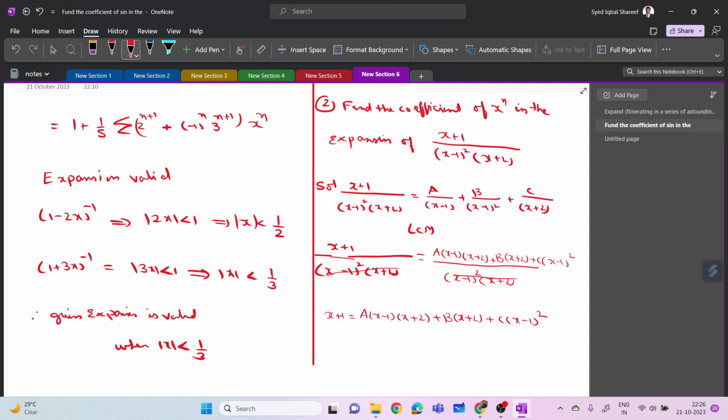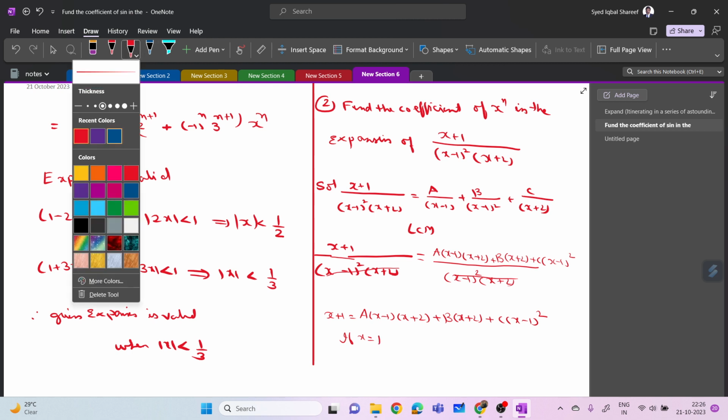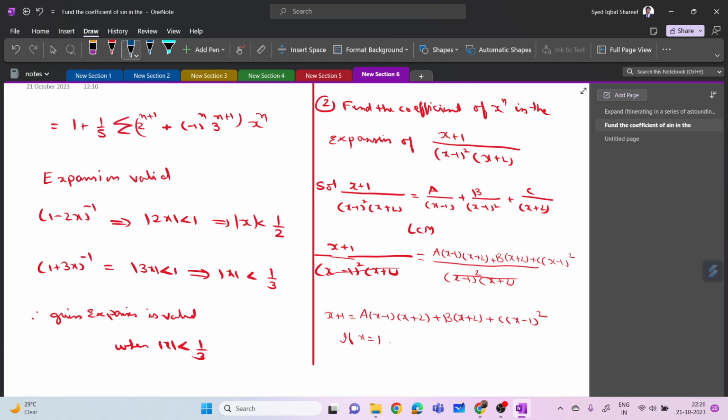Now what I want to do is, if I take x equal to 1, what will be the result? You see, if I take x equal to 1 here, 1 minus 1 is 0. Here 1 minus 1 is 0. So only we will get b.